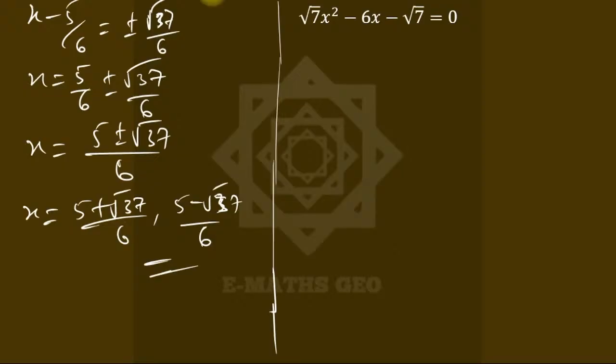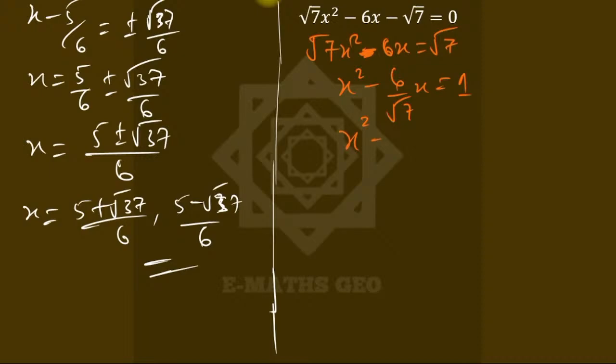We move that to the other side to be positive 7. Now divide by root 7. Before we do anything, let's rationalize. Multiplying by the conjugate, I want to rationalize this so that there will be no radical in the denominator. Multiply by root 7, so I have 6 root 7 over 7, x. So I've rationalized it, they are the same, if you know your surds or radicals.